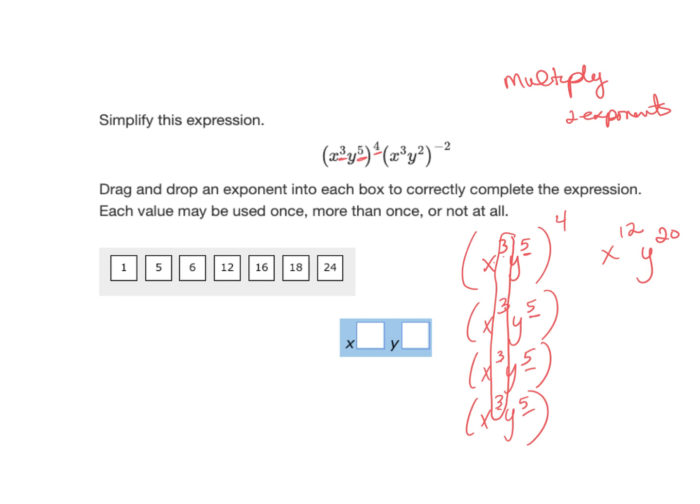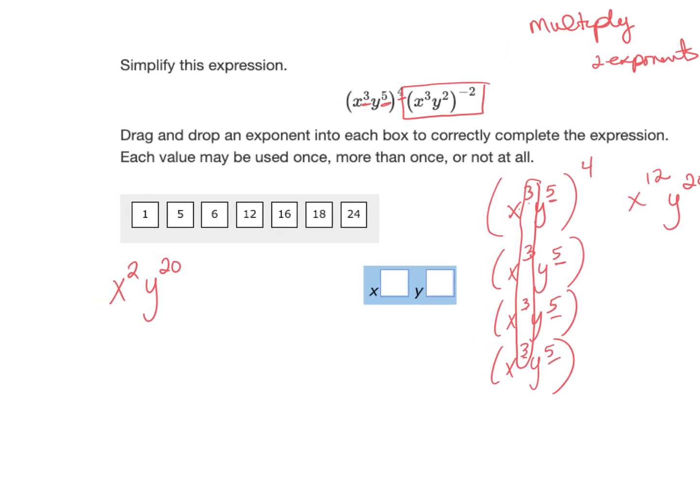Okay, so that gives us x to the 12th, y to the 20th. Now here, this portion, we have a negative exponent, okay? Now we are going to raise both x cubed and y squared to the second power.